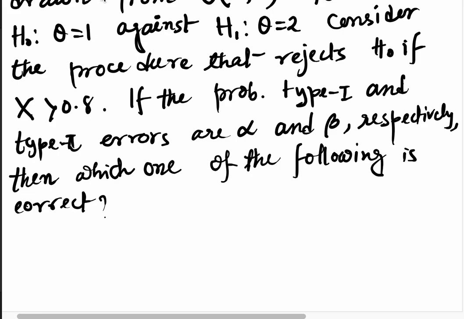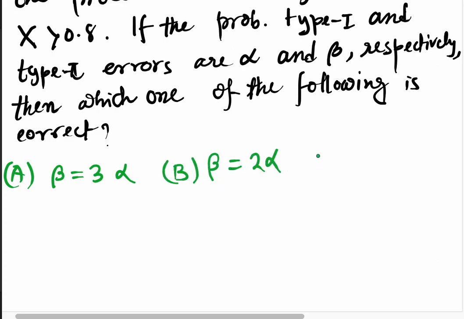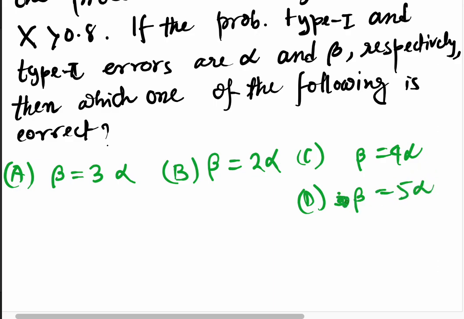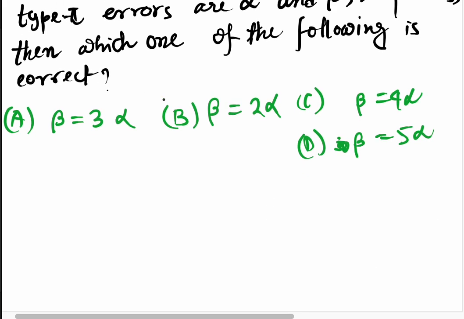So the options are: A is beta equal to 3 alpha, B beta equal to 2 alpha, C beta equal to 4 alpha, D beta equal to 5 alpha. So we have to basically find what is the relation between beta and alpha. That means we have to find what is the value of alpha and what is the beta.